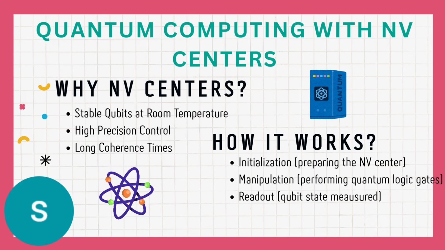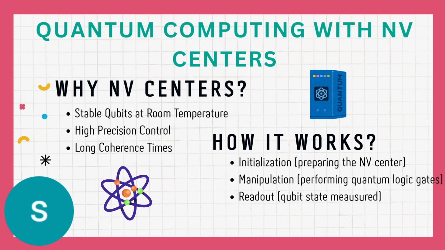This special structure acts as a qubit. That's the quantum version of a regular computer bit. Unlike a regular bit that is only 0 or 1, a qubit can be both at the same time, hence the superposition that was mentioned in the last slide. It can also be linked to other qubits through entanglement.